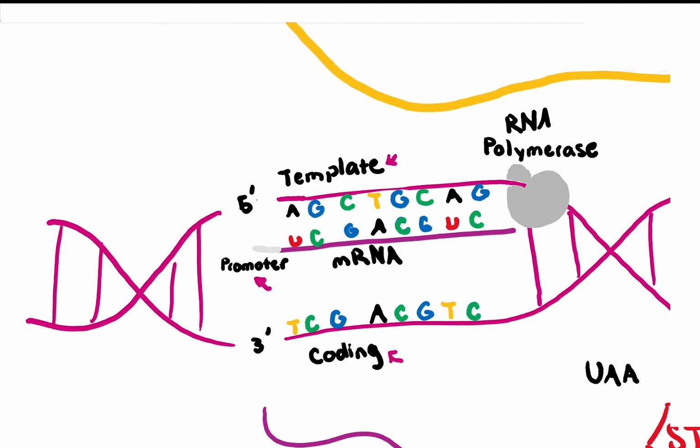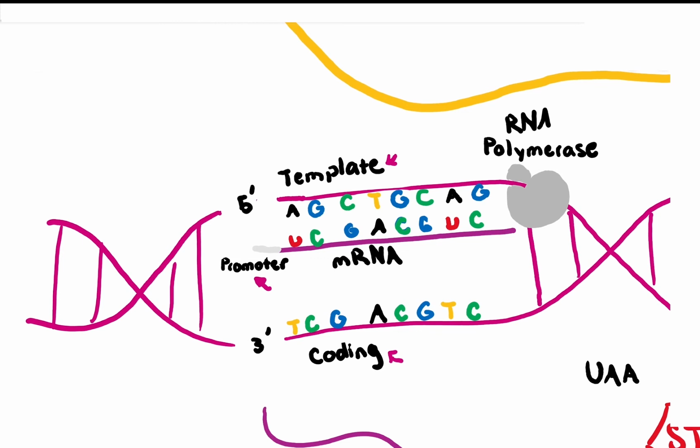Now that we have our mRNA strand, which is linked together by the RNA polymerase, let's talk about your template and coding strands. As these two strands are broken apart by your RNA polymerase, you can see that the mRNA is closer or more similar to your coding strand.